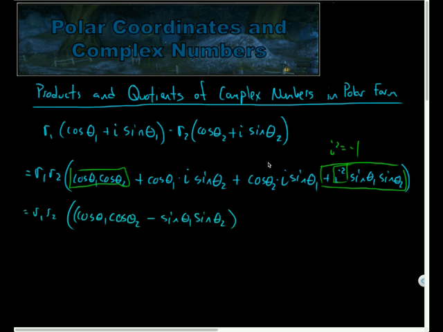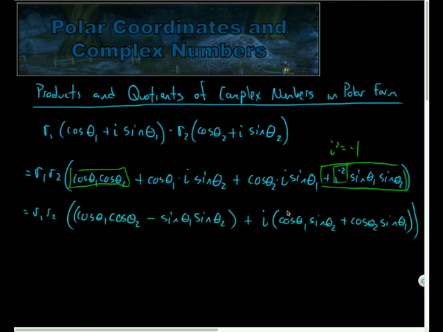Now let's bring our other ones together, plus i, factoring the i out of both terms: cosine theta 1 sine theta 2 plus cosine theta 2 sine theta 1. And then close the overall big parentheses.